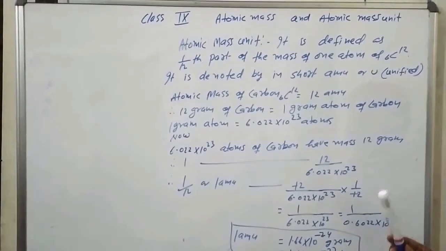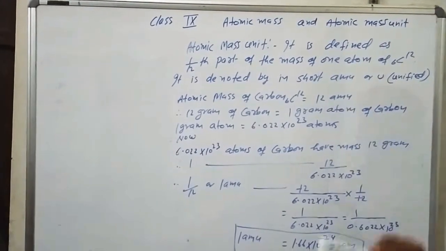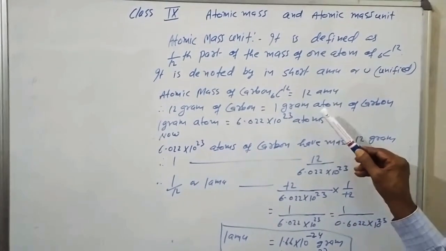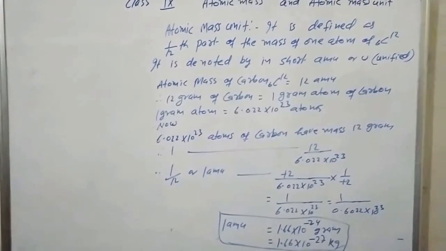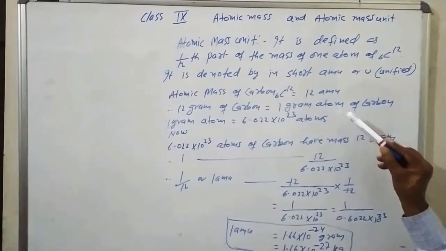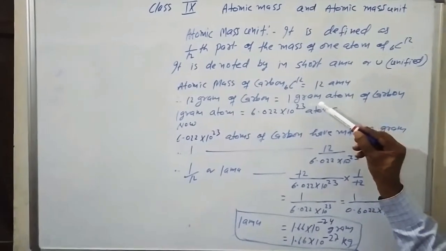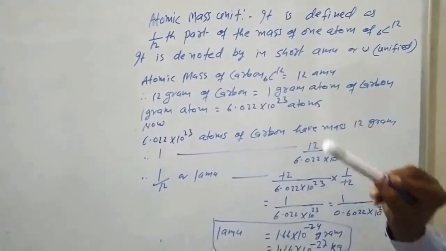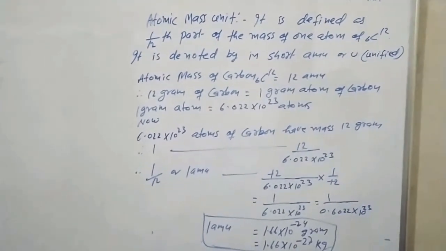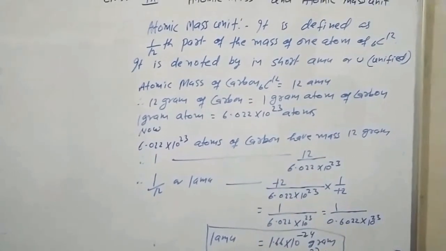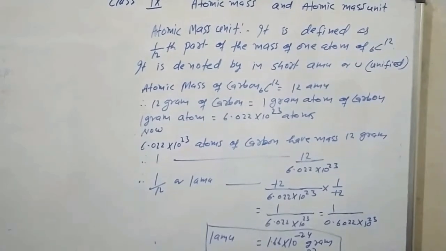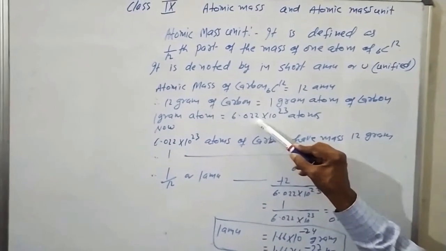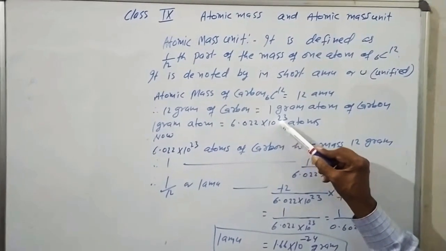Therefore, if you take 12 gram of carbon, it will be 1 gram atom of carbon, not 1 gram. Atom word is introduced after gram. 1 gram atom, not 1 gram of the carbon. 1 gram carbon atom has 6.022 into 10 to the power 23 atoms.